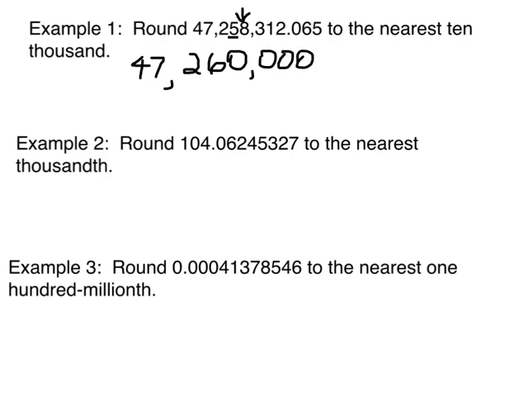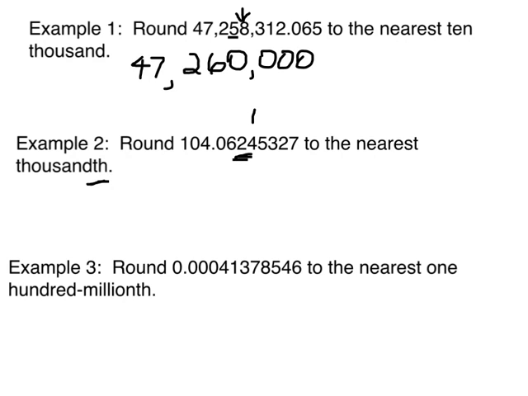Example 2 says round this to the nearest thousandth. All right, this has a TH, so we're on the right-hand side of the decimal. You've got tenths, hundredths, thousandths. So this 2 is the one in the place that I'm going to be working with.